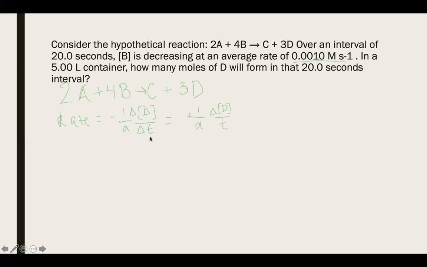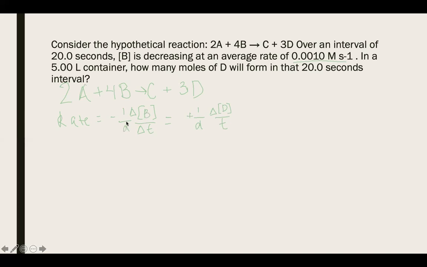So what we're given with this average rate is, oh sorry, it's for B, not for A. We're given the average rate for B, which is this number right here. If you remember, the rate on the left hand side is for the entire reaction.